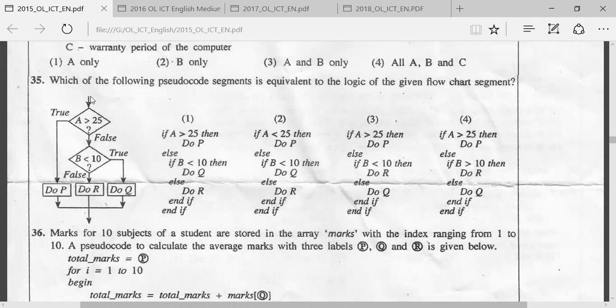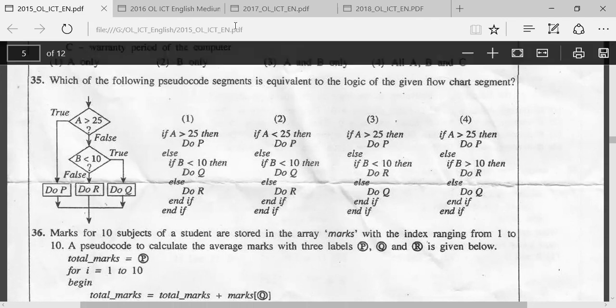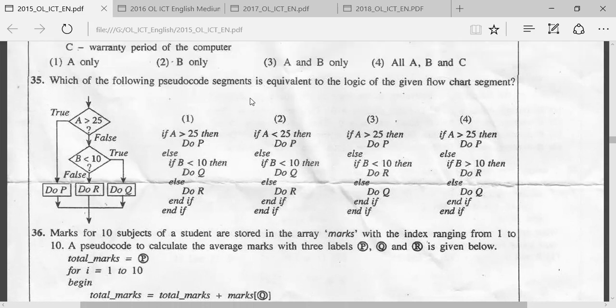The question is, which of the following pseudocode segments is equivalent to the logic of the given flowchart segment? So in this case, they gave you the flowchart segment and asked you to choose the correct pseudocode segment.